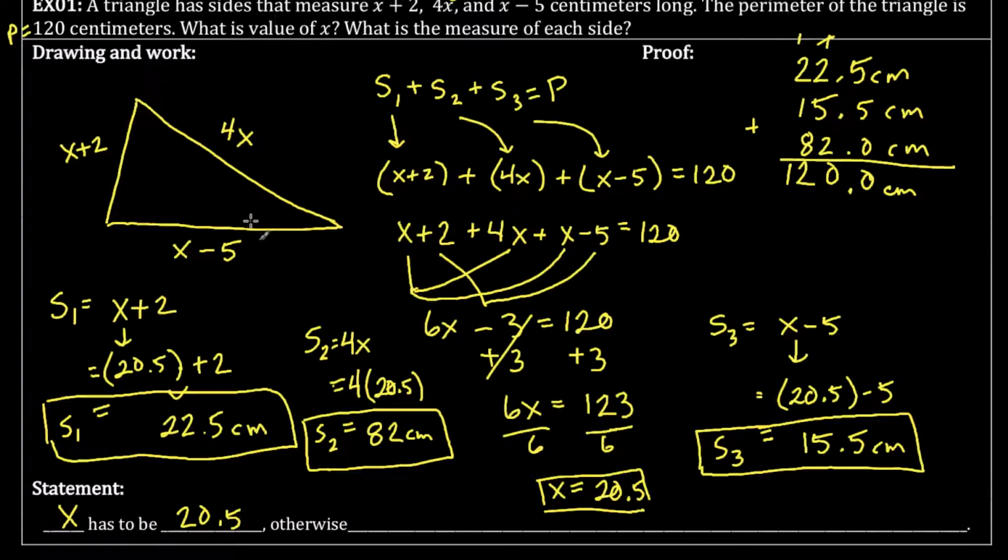So let's put x has to be 20.5. Otherwise, the perimeter can't be 120 because that's the perimeter, right? Can't be 120 centimeters.